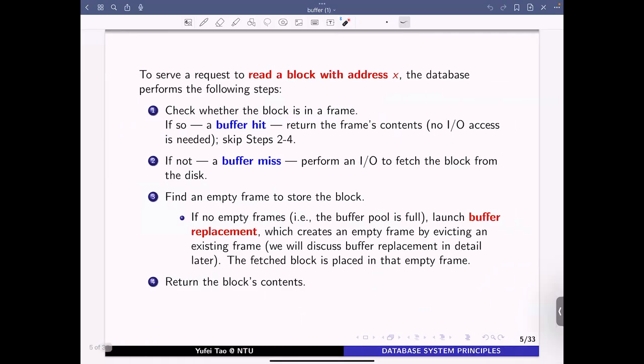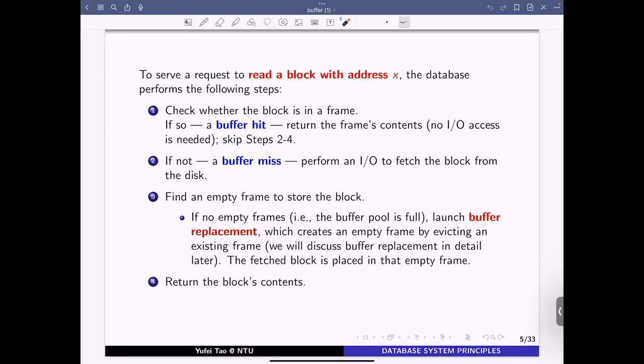All right, if that's clear to you, then we can talk about the reading process. Without the buffer in the middle, the reading process would be very simple. If an algorithm wants to read a block with a certain address X, you simply access the disk directly.